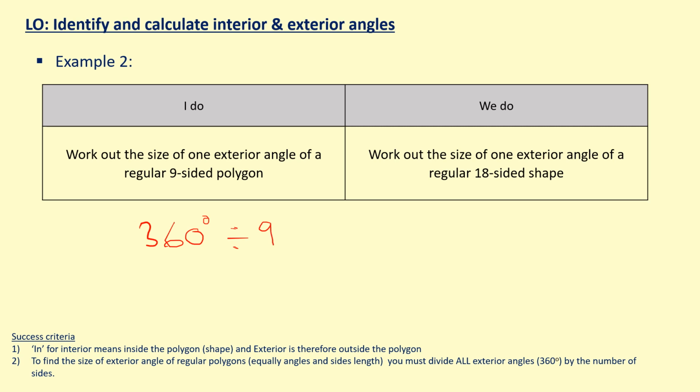Okay, use your bus stop where needed. I know that 9 goes into 36 4 times. And then I'm just going to put my 0 back on. So 9 goes into 360 40 times. So each of the 9 exterior angles is 40 degrees. Okay, pause the video, have a go at the we do, please.